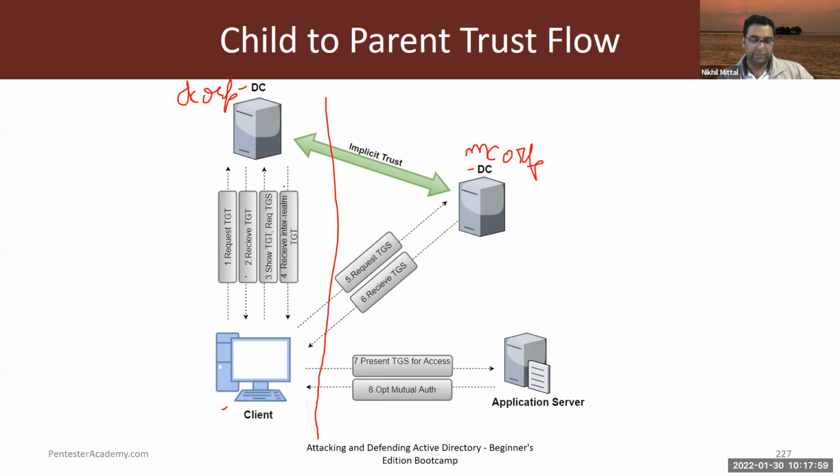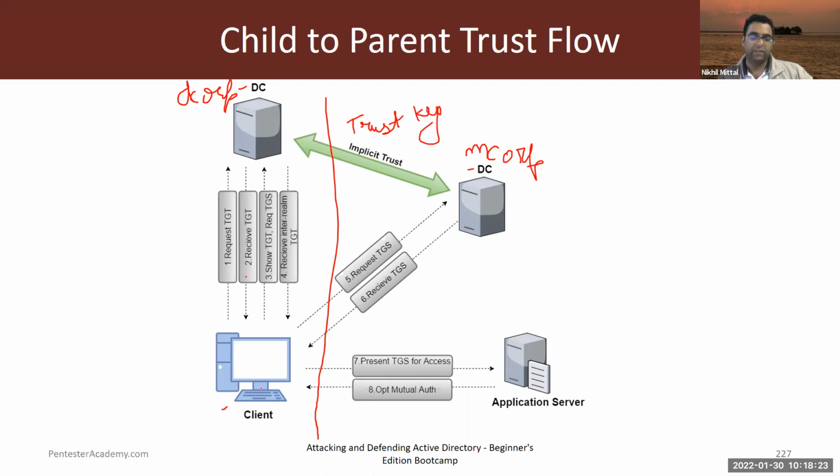So in place of responding with the TGS, because it is not authorized to do that, the DC of your current domain responds with what is called an inter-realm TGT. That inter-realm TGT is signed and encrypted by a trust key.